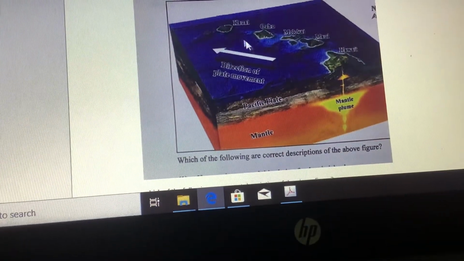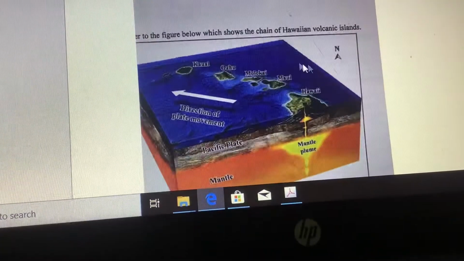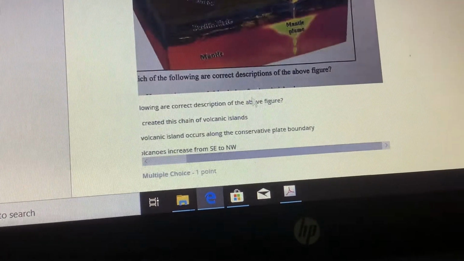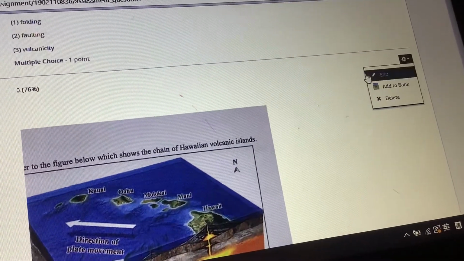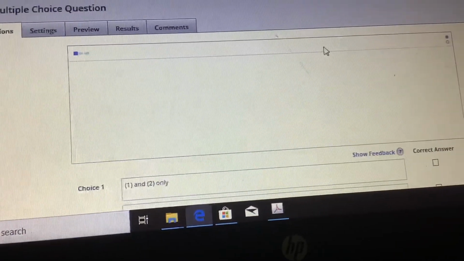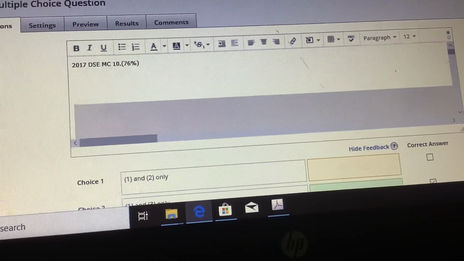So number 1 and 3 are correct. Let's check out the answer. Wait a minute, I want the answer key. Come on. Yeah, number 1 and number 3, as I mentioned before.